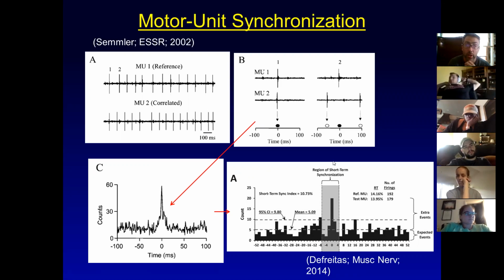And so if you have what we would call very synchronous firing of motor units, it looks like this. Here we're looking at the signals from one motor unit and then a second motor unit.